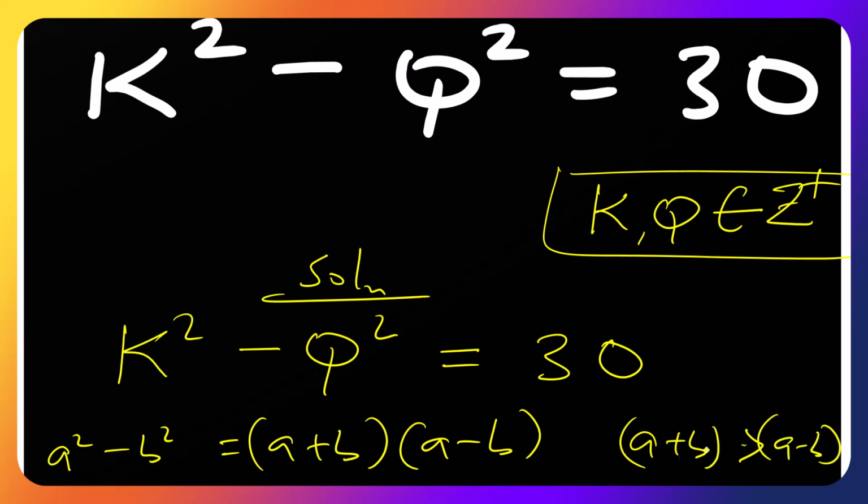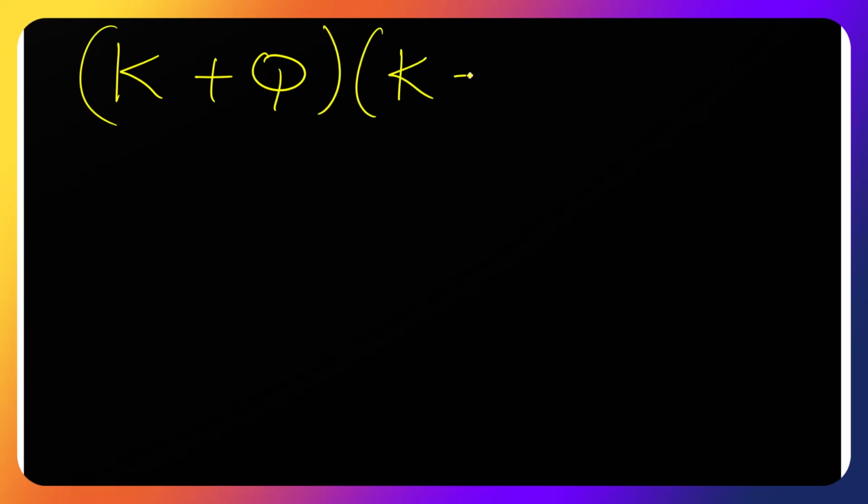If a is 2 and b is 3, this side will be 5, and this side will be minus 1. So let's understand that. So we can fully write this as k plus q times k minus q equals 30.